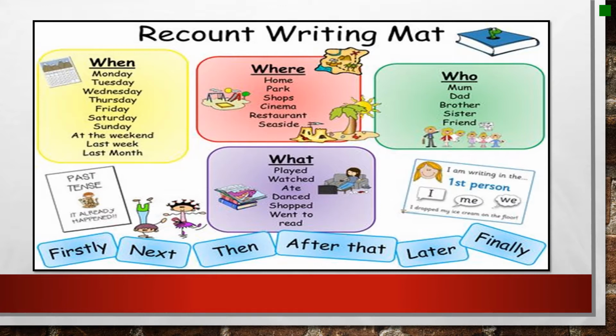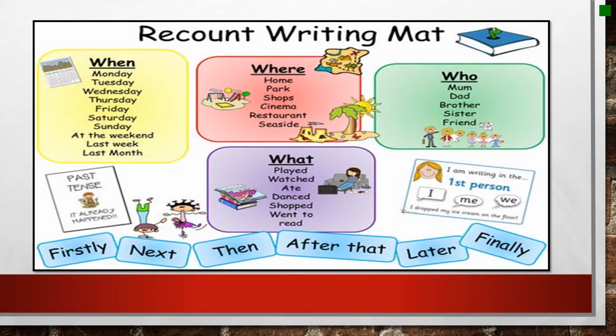Who: mom or dad, brother, sister, friend, maybe a cousin. What, what did you do? So here are some examples of verbs: played, watched, ate, danced, shopped, went to, read.